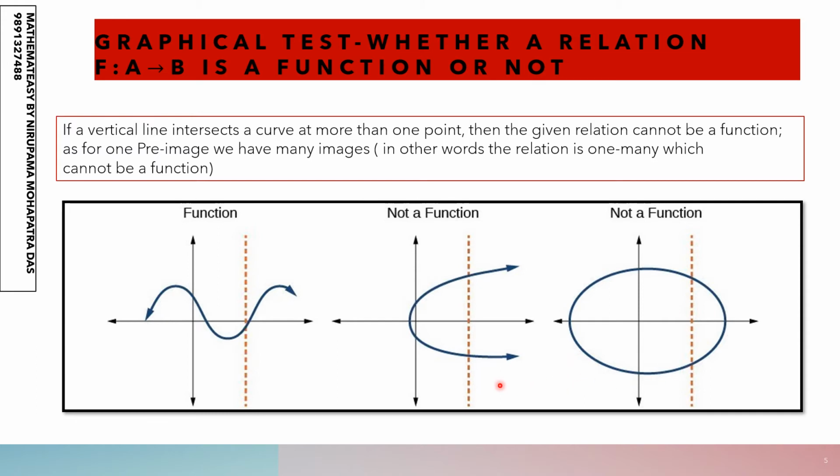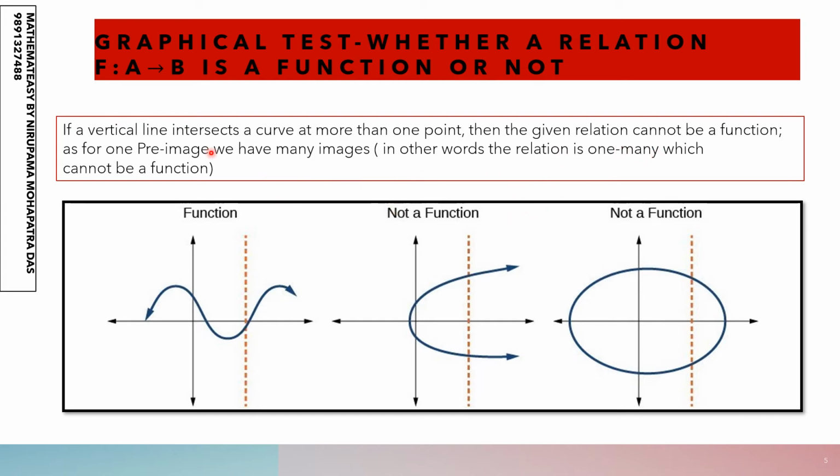So how do we identify this? One logic is given here: if a vertical line intersects the curve at more than one point, then the given relation cannot be a function. Why can this not be called a function?